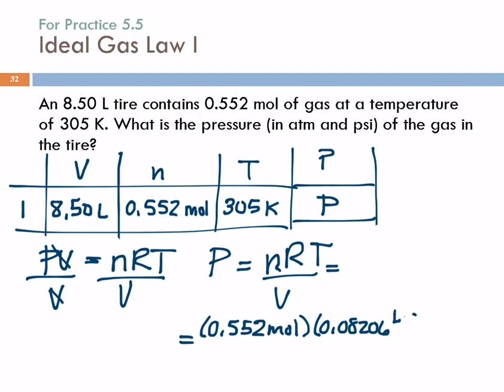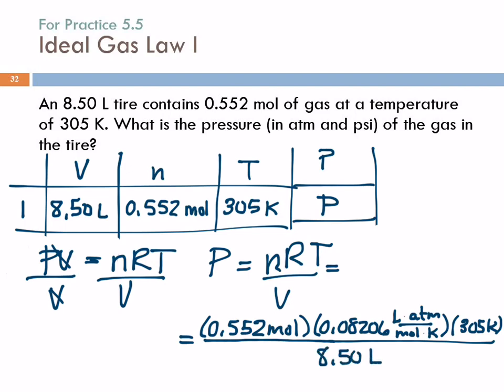And the units are liters, atmospheres over mole, Kelvin. And then that's times the temperature, 305 Kelvin. And the whole thing is divided by the volume, which is 8.50 liters.